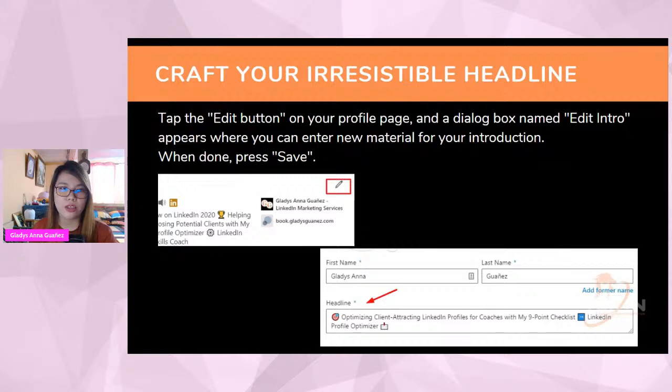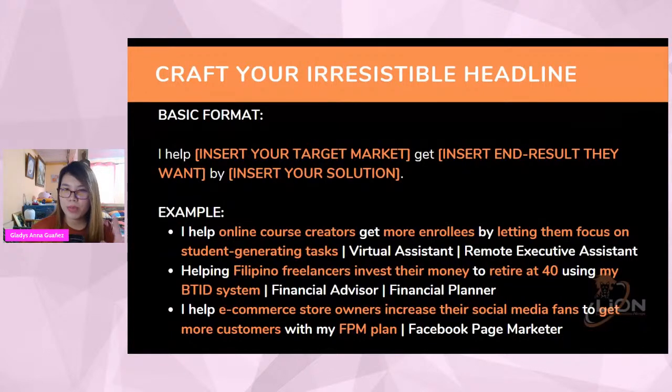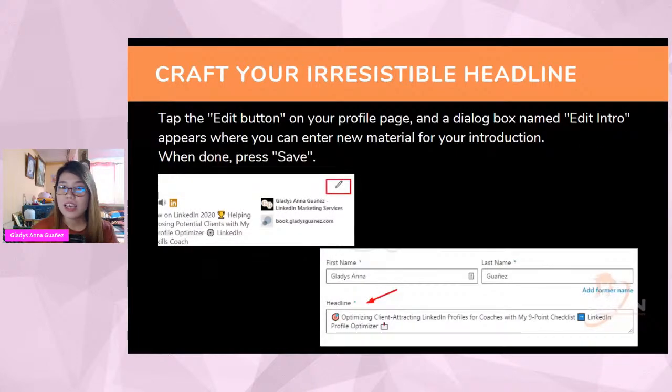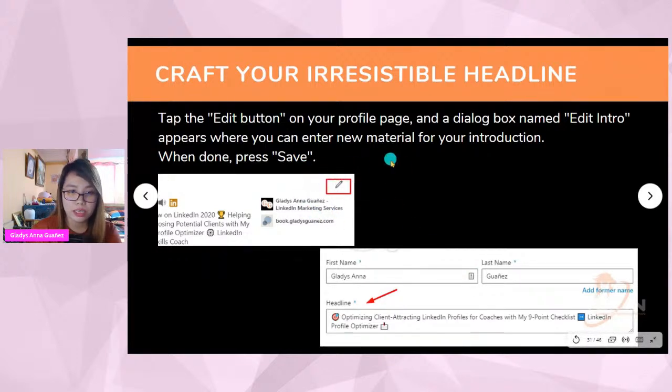Okay, so once that you are done crafting your irresistible headline, kasi actually ito yung mahirap na part kung paano mo siya isusulat para maging attractive. But if you're going to just put that on the LinkedIn profile, madali lang siya. As long as you already have that, one-liner offer, kumbaga. You just go to your profile and then find this pen button right here.